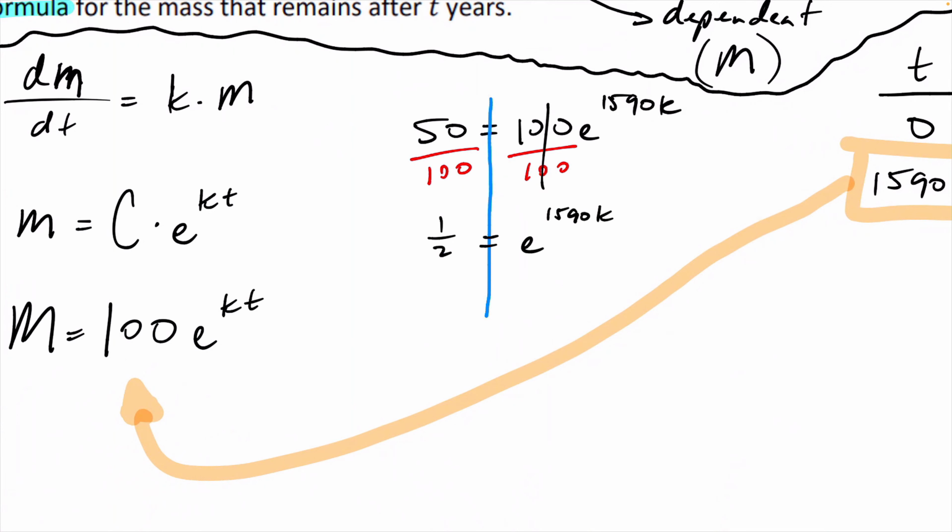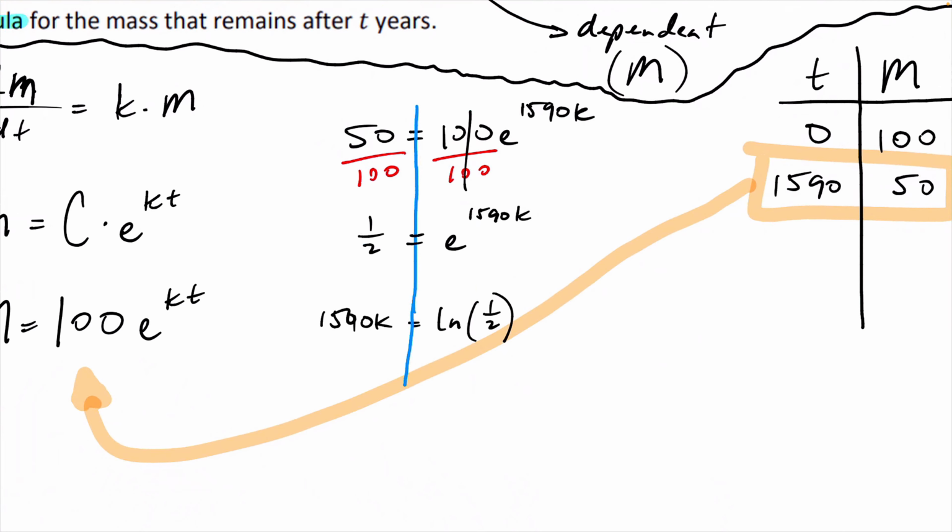So if we can do this in our head, what is k? On one side you're going to get 1,590k, right? What is that going to be equal to? Natural log of 1/2. Good. If you're not sure, mentally I just did this, natural log of e.